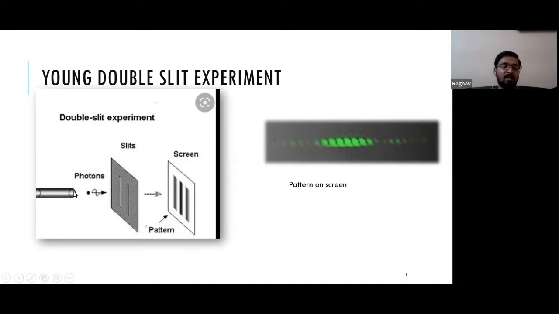After this experiment, he got a pattern like this. You can see the pattern here. You can see that the intensity of light is somewhere very low and somewhere very high, and you can see the black gaps in between. Why is it so?